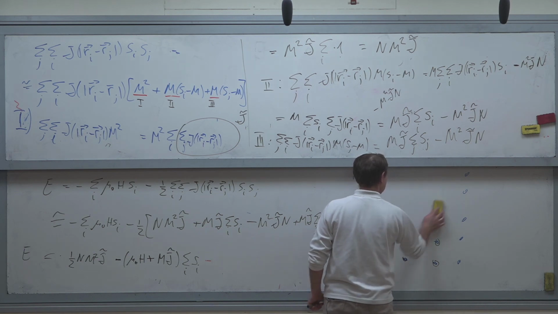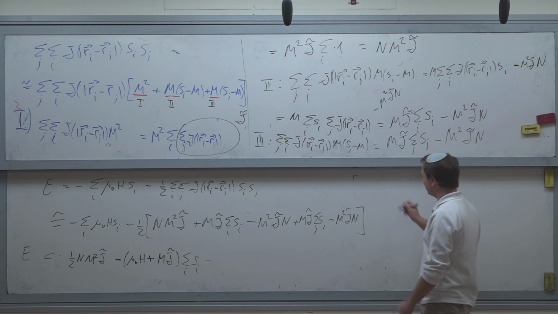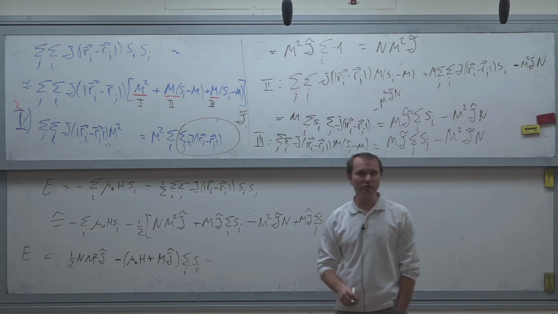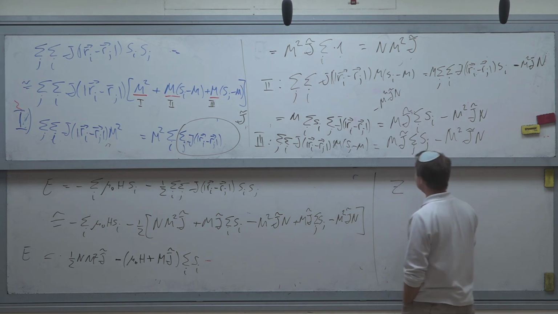Okay, so we're absolutely ready to solve the Ising model using the mean field approximation. Because we can write down Z. What is Z?